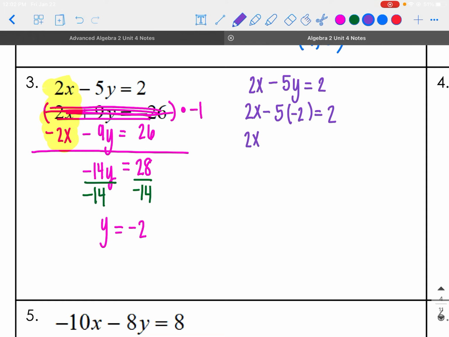So 2x, that becomes plus 10 because -5 times -2 is positive 10, equals 2. Then I subtract 10 from both sides to get 2x equals -8.